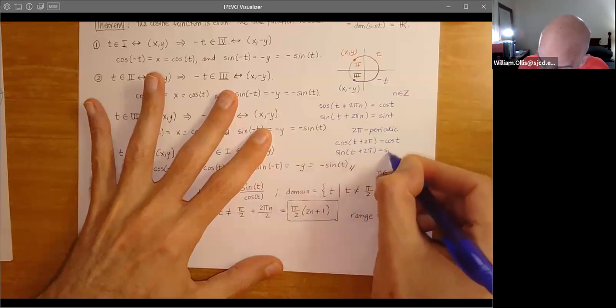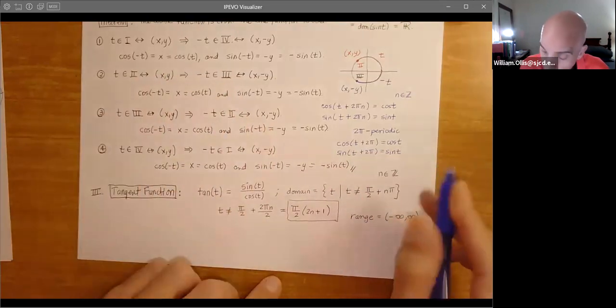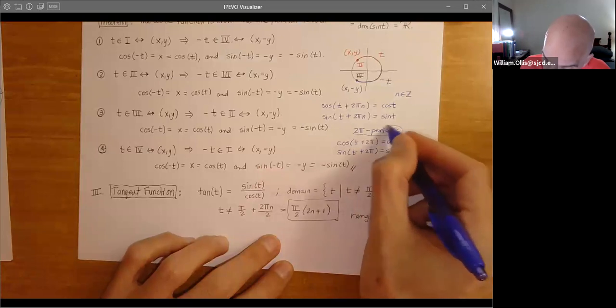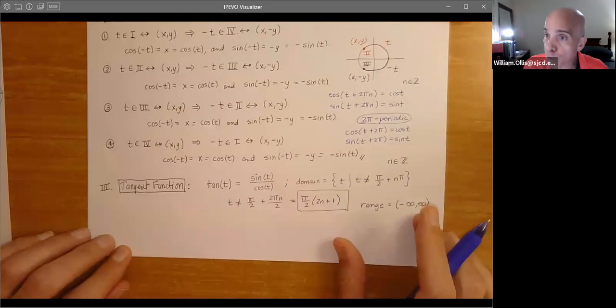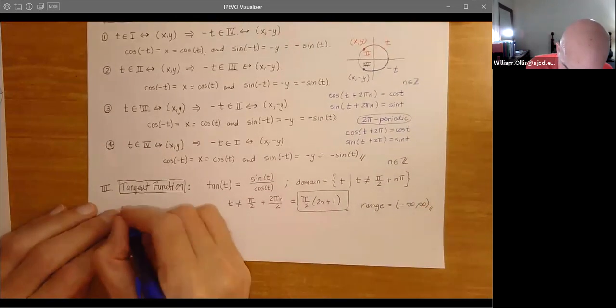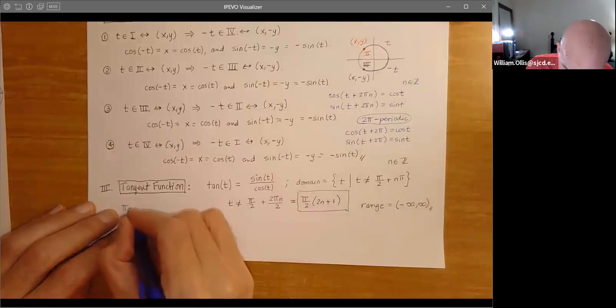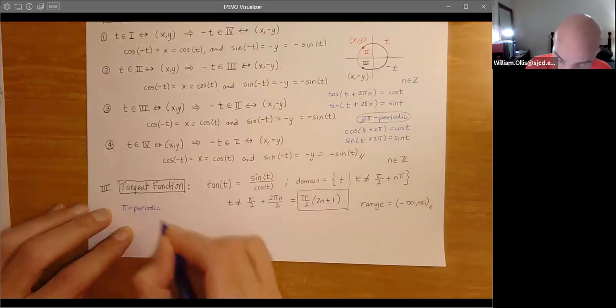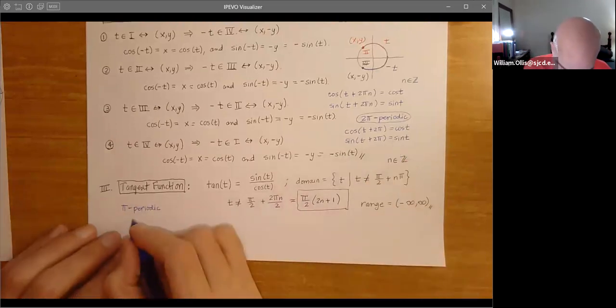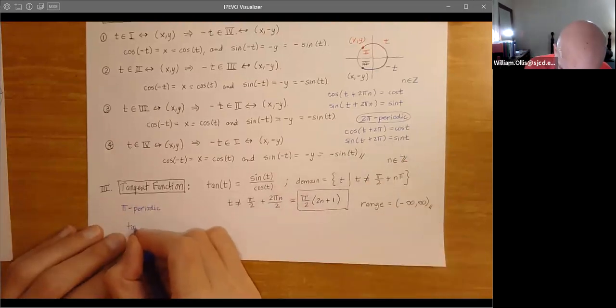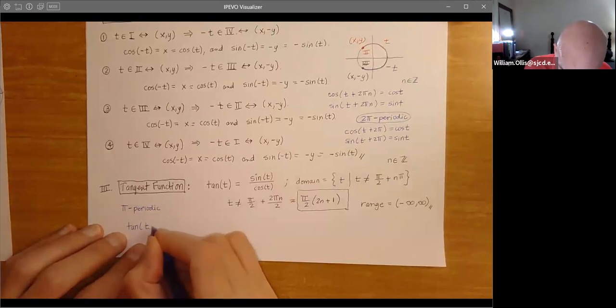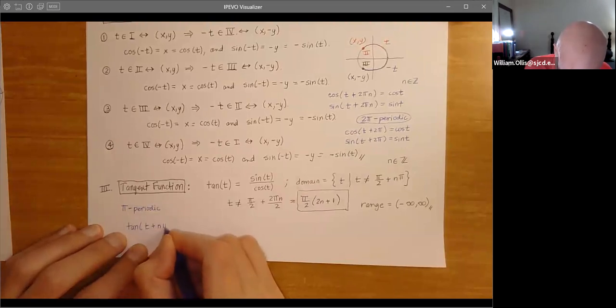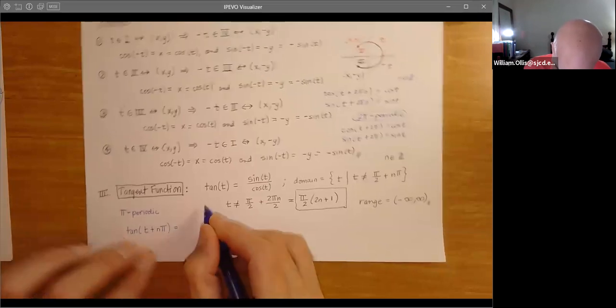So this focuses on the fact that they are indeed 2 pi periodic. These are important concepts. They seem really simple, but we say 2 pi periodic. Now, the tangent function is one better. It is pi periodic. And certainly 2 pi is a multiple of pi, so we get the same thing. But now we can say tangent t plus multiples of pi will still be tangent t.